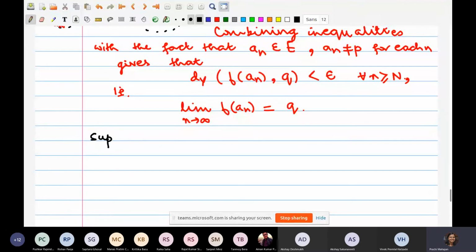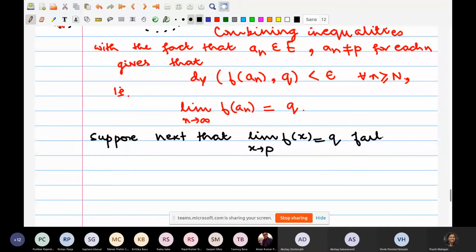So suppose next that the limit of the function f does not hold true, right? So what would be the negation of the definition?